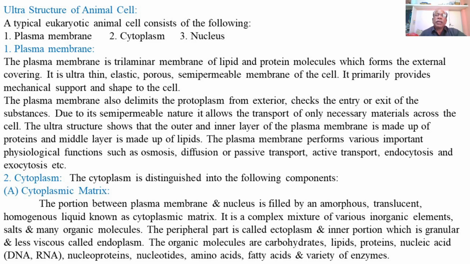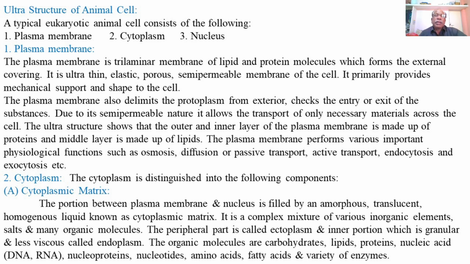The plasma membrane is a trilaminar membrane of lipid and protein molecules which forms the external or protective covering of the cell. The plasma membrane is an ultra thin, elastic, porous, semi-permeable membrane of the cell. It primarily provides mechanical support and shape to the cell.